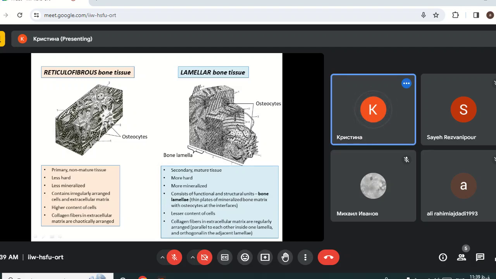They go in any direction they want. But in lamellar bone tissue, the collagen fibers are regularly arranged parallel to each other in one lamella, and orthogonal, it means at 90 degrees to each other, in adjacent lamellae.